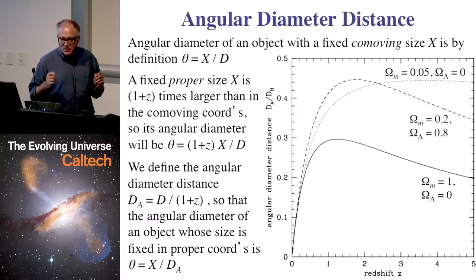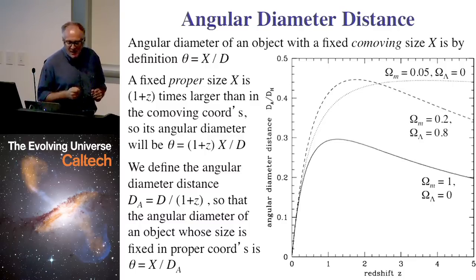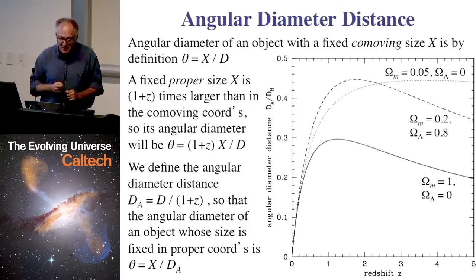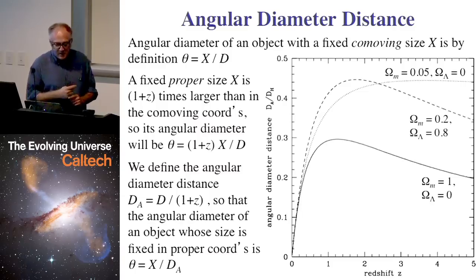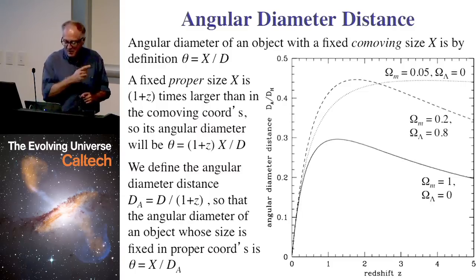So if you had sources of standard size, and it turns out the entire universe is a good one, and look at how that length changes as a function of redshift, then you can map the relativistic version of angular diameter change and map that back again into the distance and then into the cosmological parameters and so on.